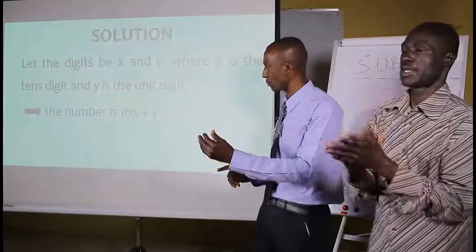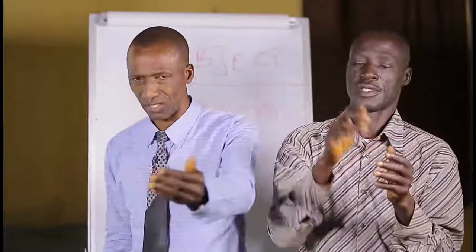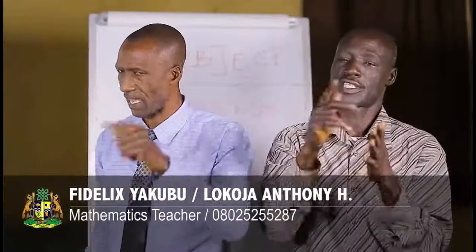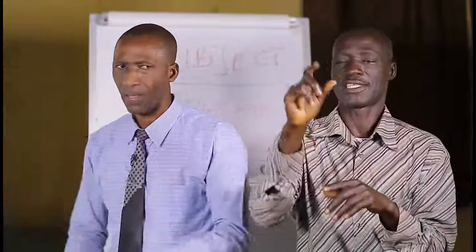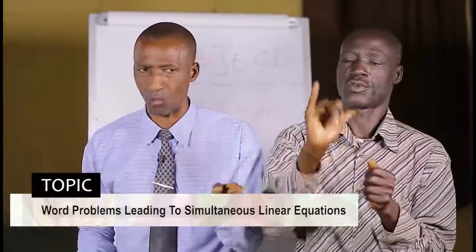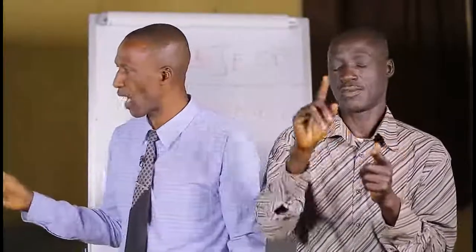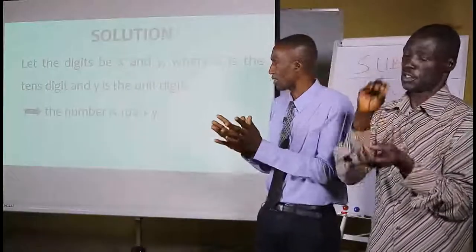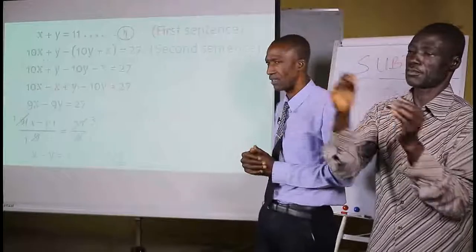I take that again. X is the tens digit, so that gives 10 times x, which is 10x. And y is the unit digit, which gives y times 1 equals y. So the number now becomes 10x plus y.